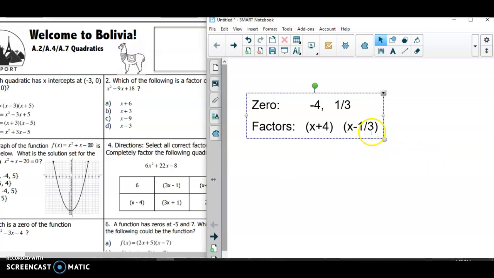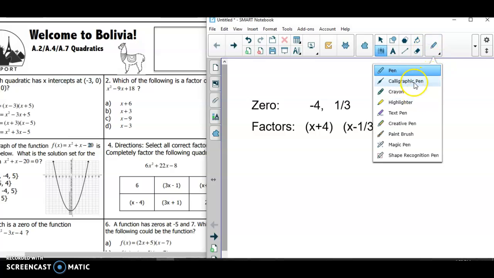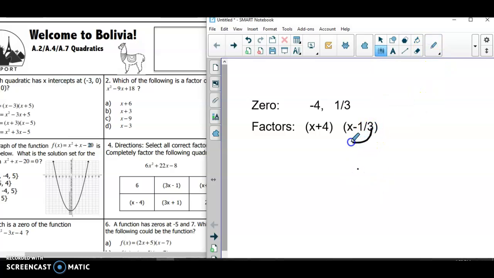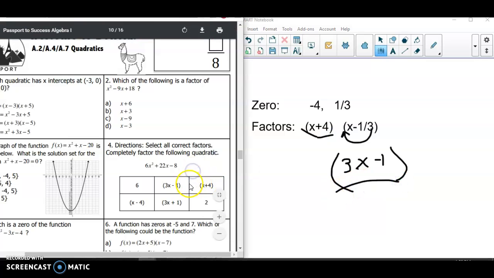But the thing that we have to remember is you have to pull your denominator over. So this 3 is now going to go here. So this is not going to be x minus 1/3, it's going to be 3x minus 1. So these are my factors. I would select x plus 4, 3x minus 1.